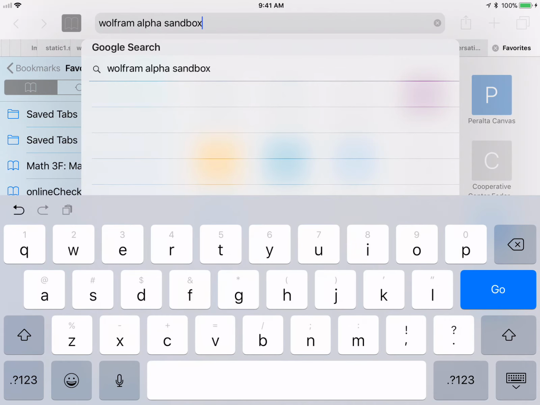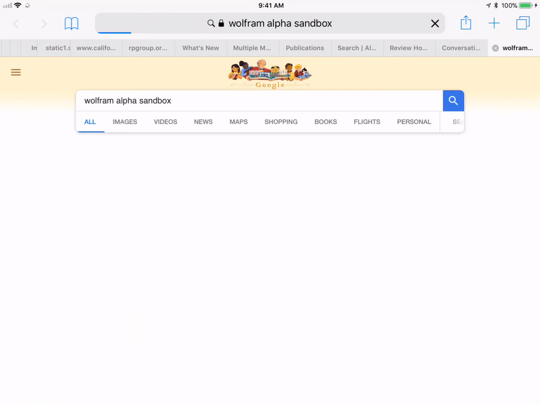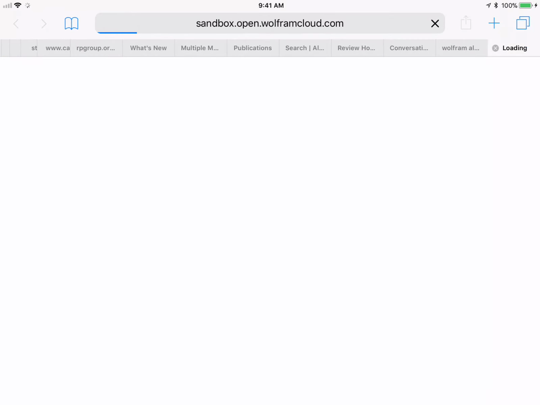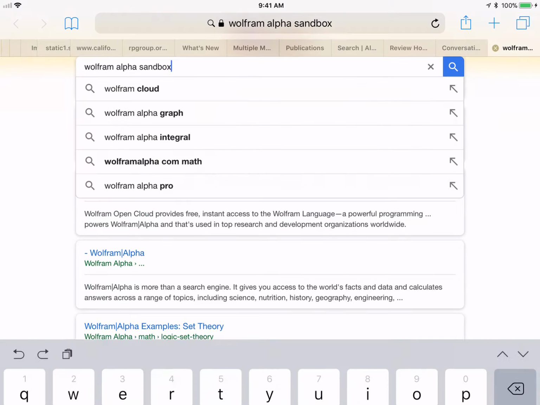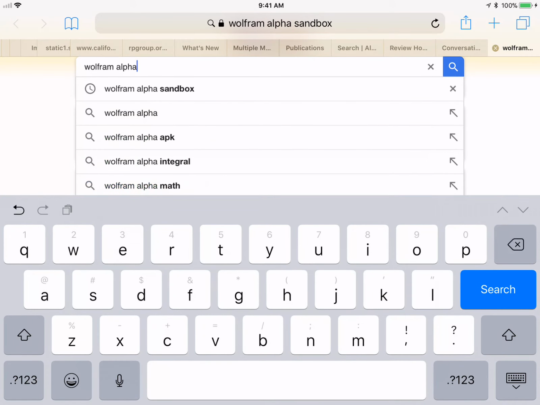You can download that, and I posted the link on Slack. I'll just go to Wolfram Alpha and make life a little easier.